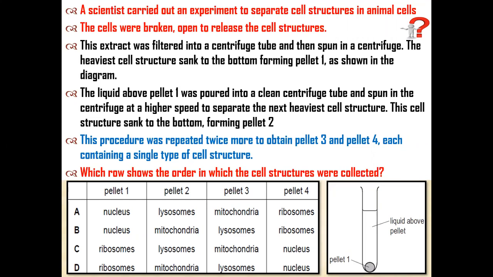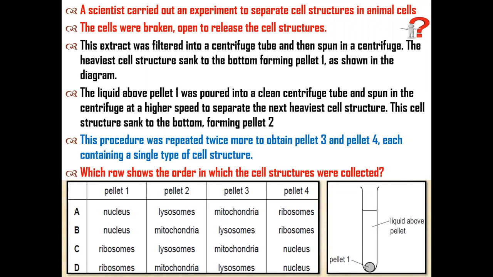Then the liquid above pellet 1 was poured into a clean centrifuge tube and spun in the centrifuge at a higher speed to separate the next heaviest cell structure. The same procedure was repeated for the third and fourth time.